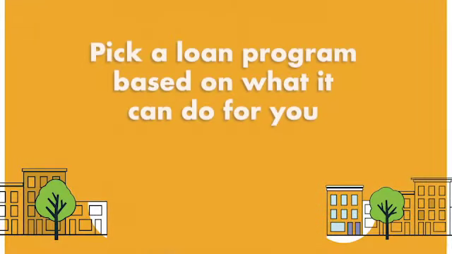So first of all, you have to pick a loan program based on what it can do for you and whether it's going to get the job done. If it's a permanent loan, you're going to need to find a loan that fits the term that you plan to hold the property. If you're going to keep the property for retirement, let's say, then you're going to want a long-term fixed rate. Small banks don't necessarily do that, but large banks do.